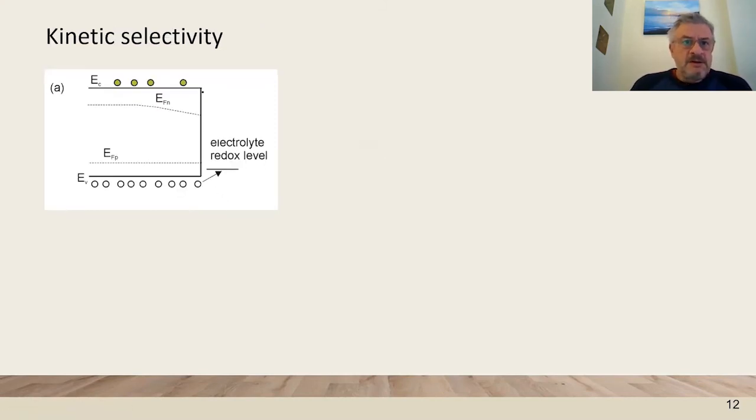Another way which we apply to the semiconductor electrolyte interface is to have a kinetic selectivity of the interfacial reactions. Now this redox level is close to the hole transport level, so it will be better accepting holes than electrons. Therefore, this is a good selective contact for holes at the semiconductor electrolyte interface.